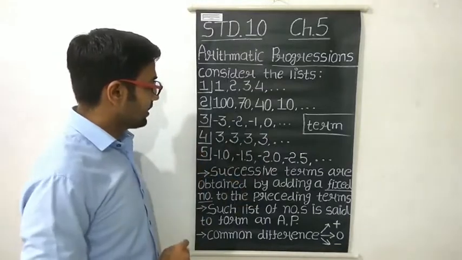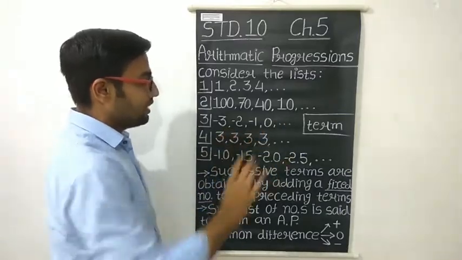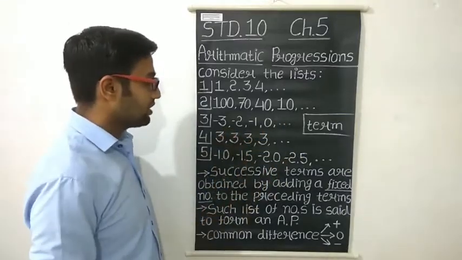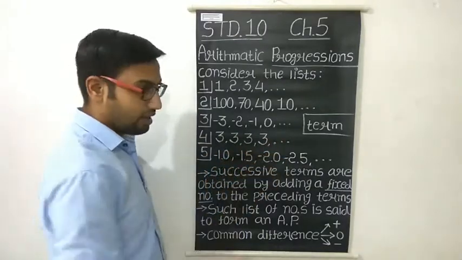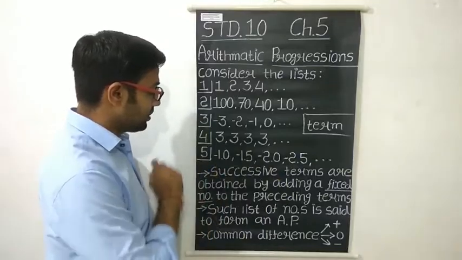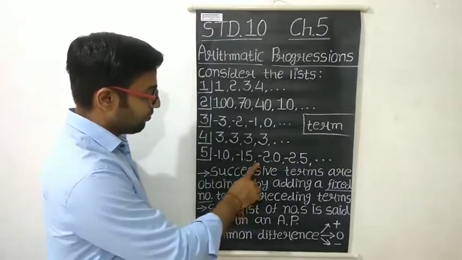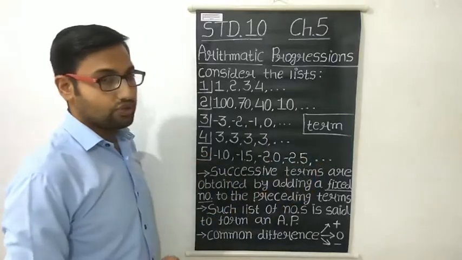In the third example, we have -3, -2, -1, 0, and it continues in the same way. The fourth one is 3, 3, 3, 3, continuing the same number. The fifth one is -1.0, -1.5, -2.0, -2.5, and it continues in this way.